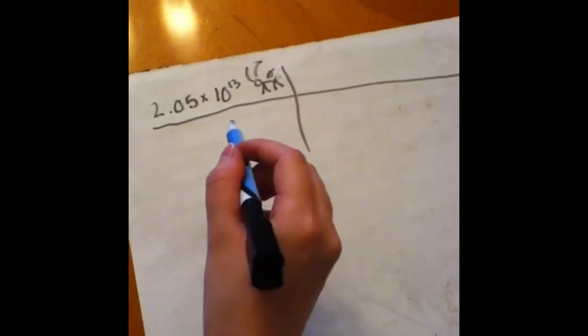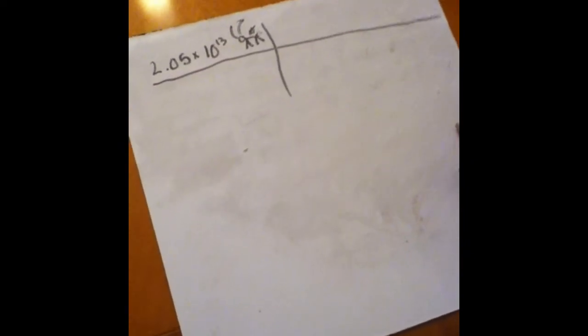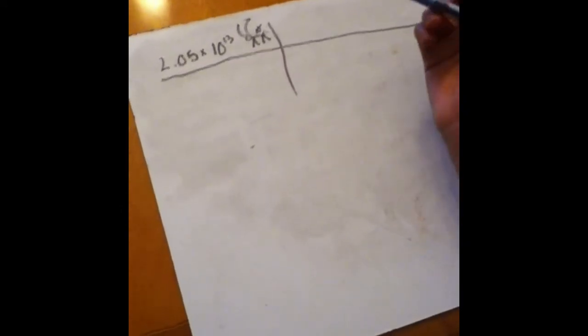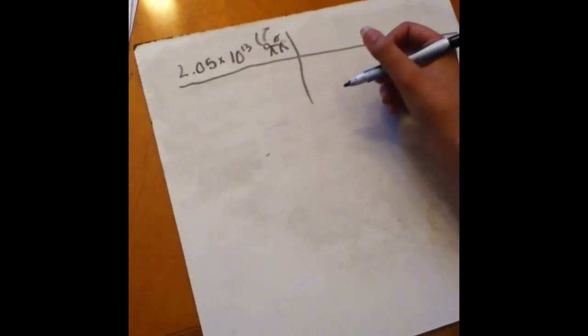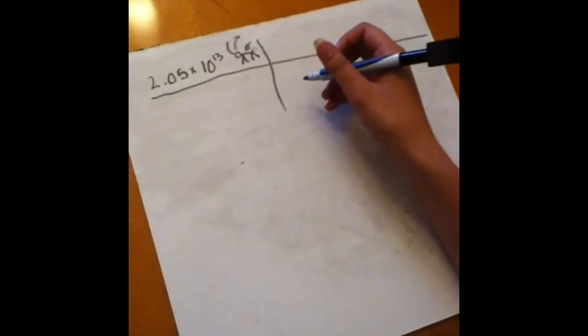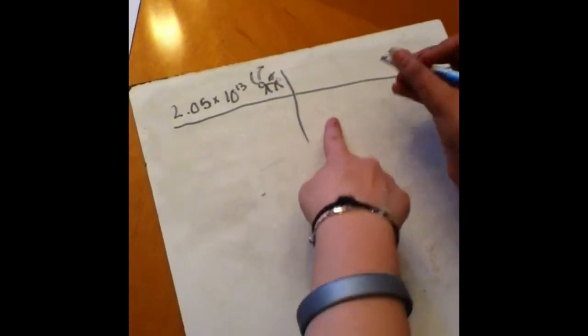So if you have that many gazelles, 1 mole has 6.02 times 10 to the 23 particles, atoms, gazelles of a substance. So you would put the number right here.